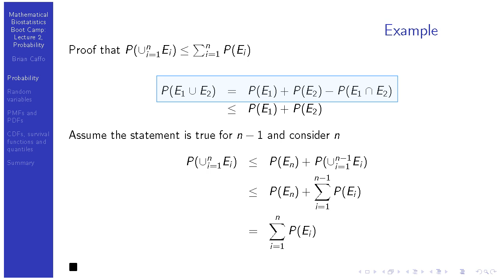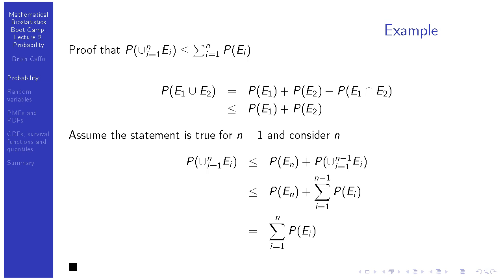So this final term that's subtracted off, minus probability of E1 intersect E2, is a number that has to be non-negative. Remember, probabilities have to be between 0 and 1. So if we throw away that final term, what's left can only get bigger, right? If we're subtracting off a positive number and we throw it away, then it's got to get bigger. So then we've established the result for the case when we have 2 events.